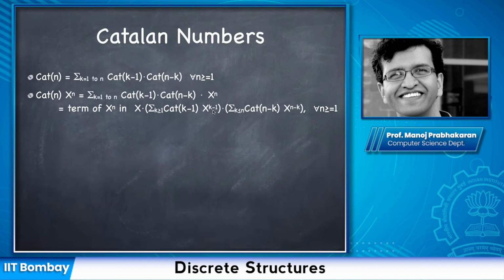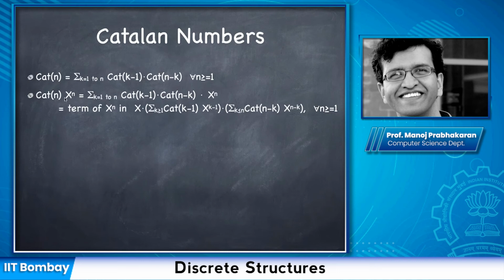So the coefficient would be: go over all k that is here and multiply the two terms. So that's exactly what's happening here. The sum is for k equal to 1 to n, because if you have to find a k here and a k here, it has to be both greater than or equal to 1 and less than or equal to n. So it's in this range. Okay, and Cat k minus 1 times Cat n minus k times x to the power n minus 1 is what you would get from here, sum over all k, and times x would give you x to the power n.